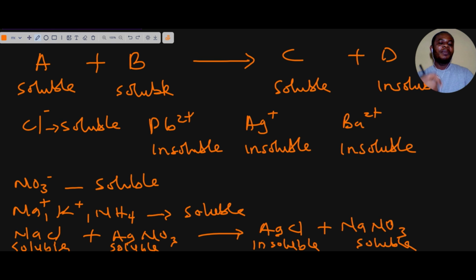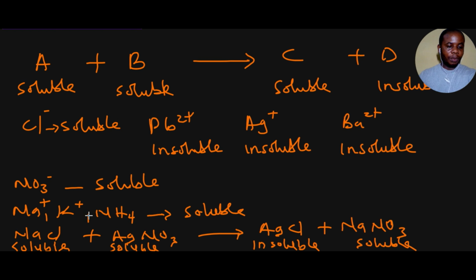We want to check if precipitation reaction is an example of redox reaction. So how do we go about that? Sodium is +1 here, sodium is also +1 here. Chloride is -1 here. Chloride is also -1 here. Silver is +1 here. Silver is also +1 here. Nitrogen is +5 here.